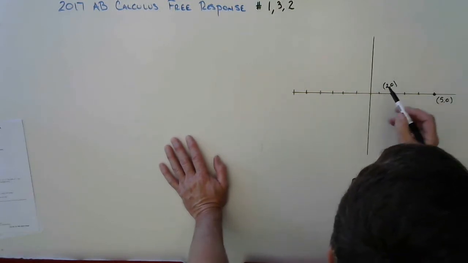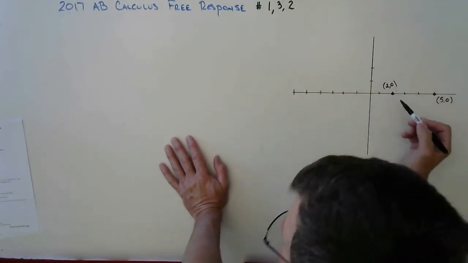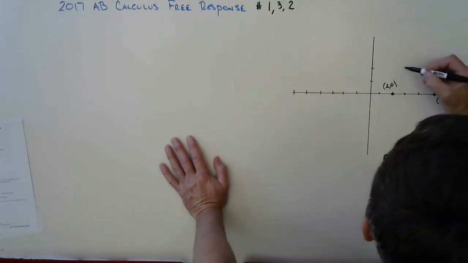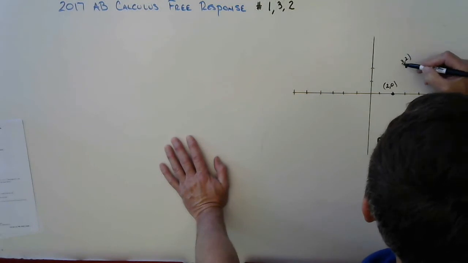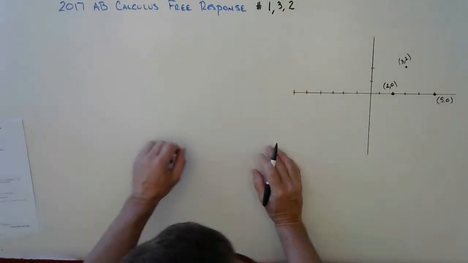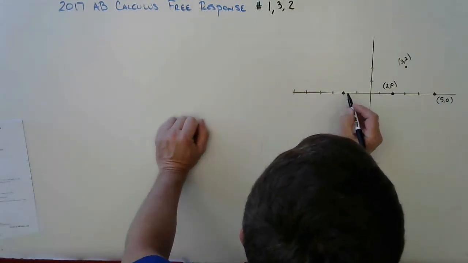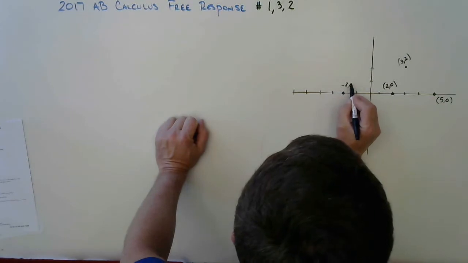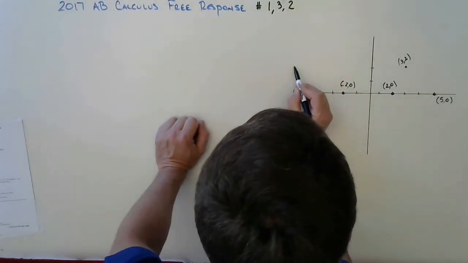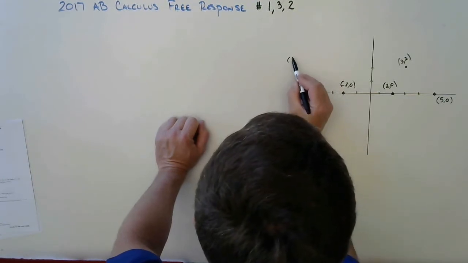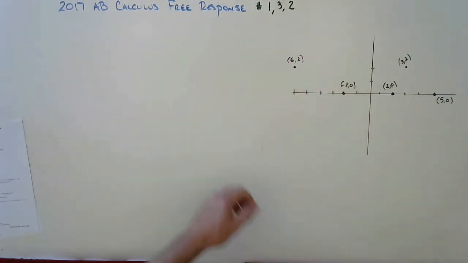It also goes through 3, 2. It has an x-intercept at negative 2, 0. And it goes to 6, 2. So this is our graph. This is our function.